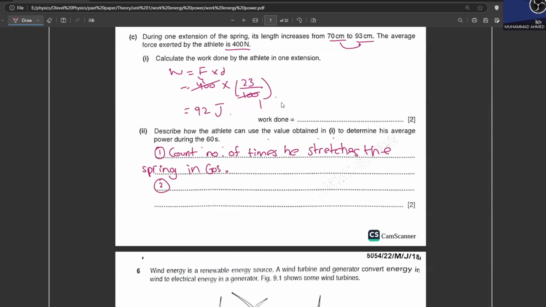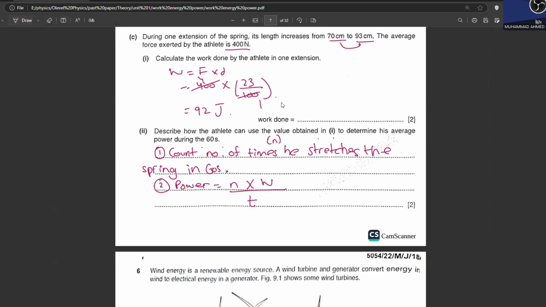Then what can he do? He can calculate power by doing what? Let's say the number of times he stretches the spring is given a constant of n. n multiplied by the work done, calculated in part 1, divided by the time, that is 60 seconds, will give the athlete his average power. Simple as that. Let's further move ahead.